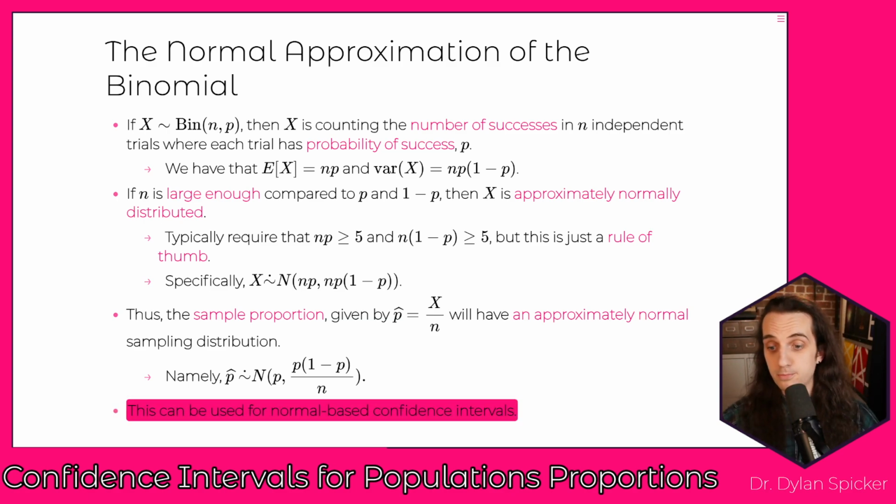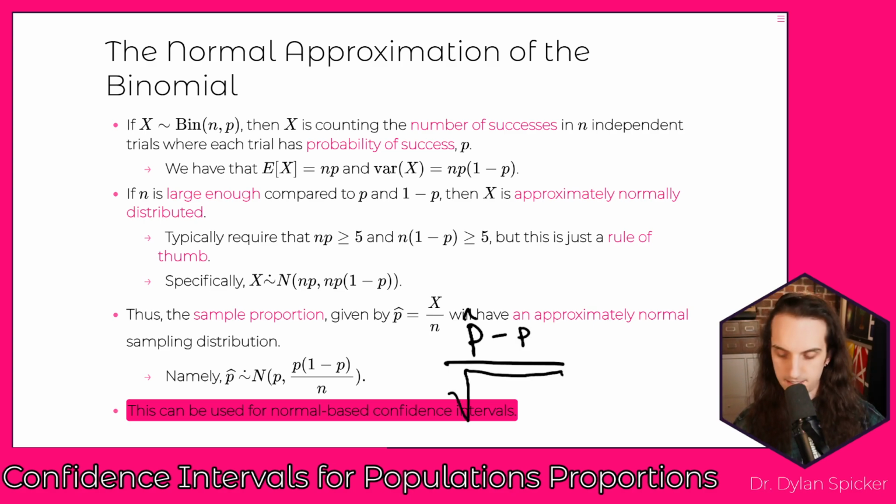Now, from this point, we can use this result in order to form normal-based confidence intervals, right? Because we know that p hat follows this approximately normal distribution, so we could standardize it and then find confidence intervals from there. So in particular, we could think about p hat minus p, divided by the square root of the variance, so that's going to be p 1 minus p over n, right?